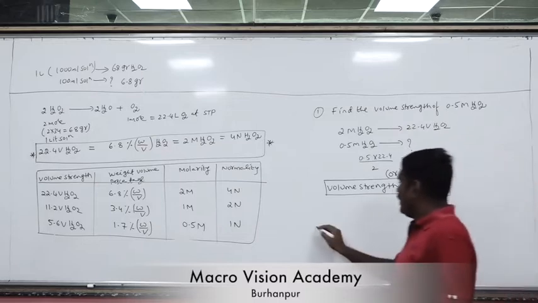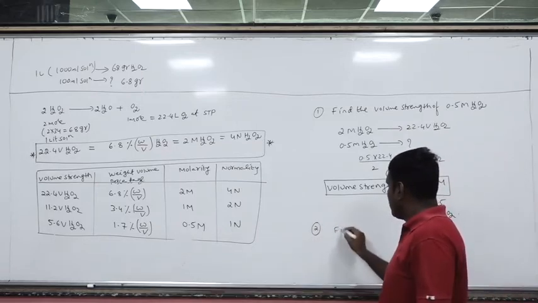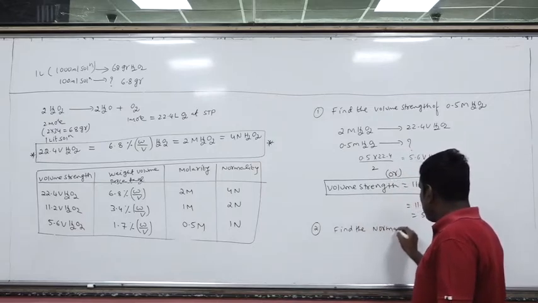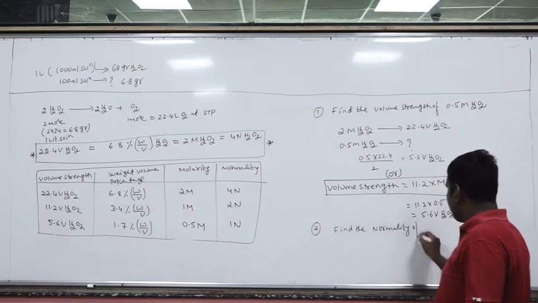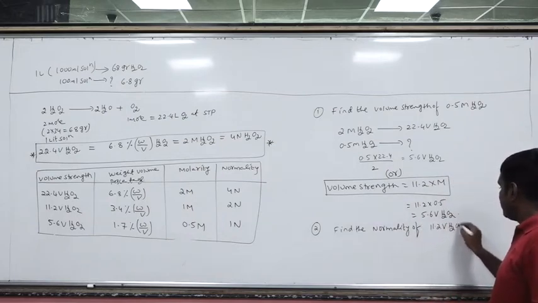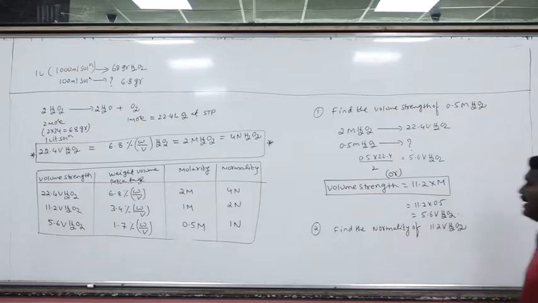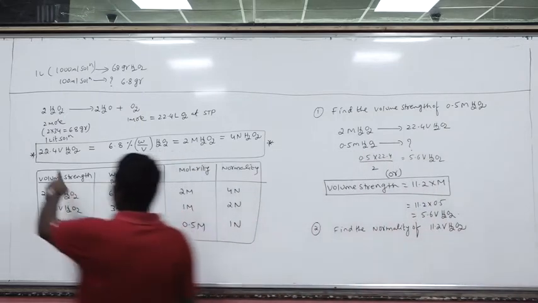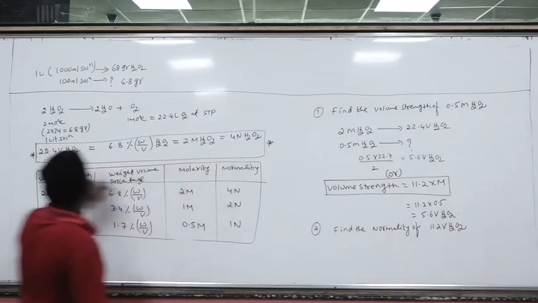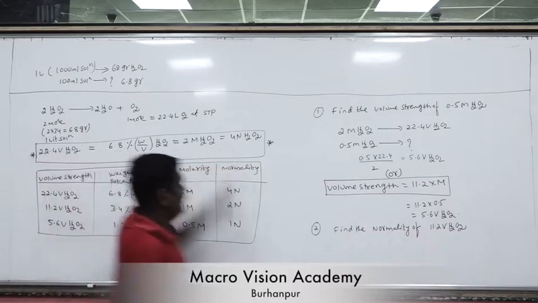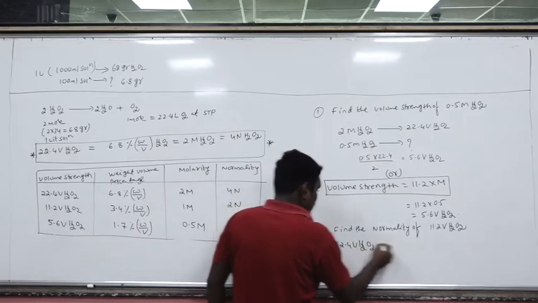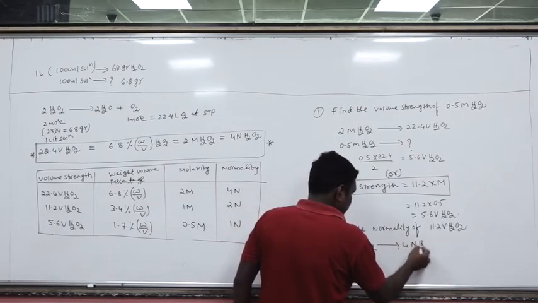Okay. And let's suppose find the normality of 11.2 volume strength of H2O2. Here we have 22.4 volume strength of H2O2 corresponding to 4 normal H2O2.